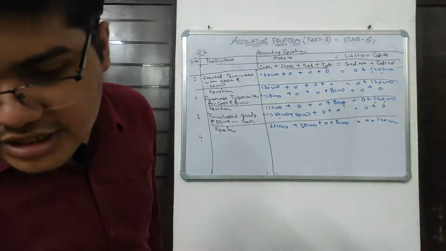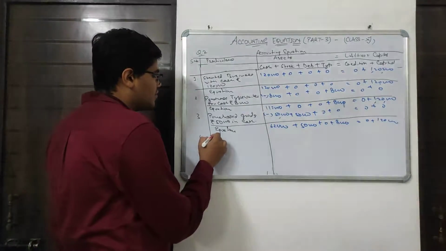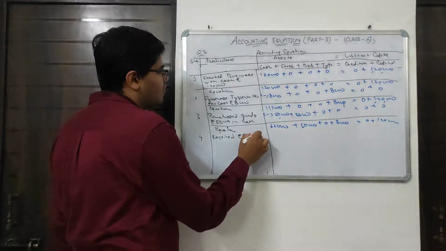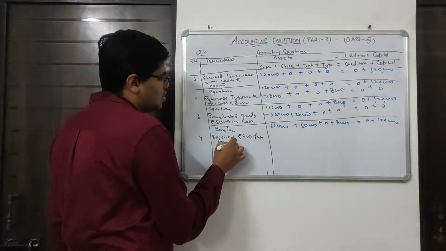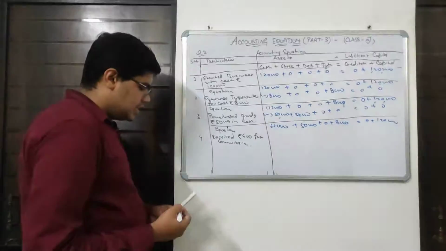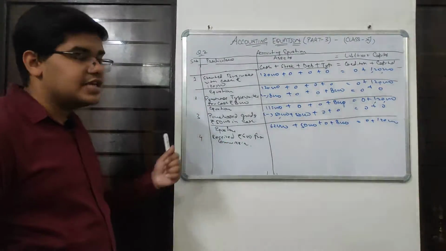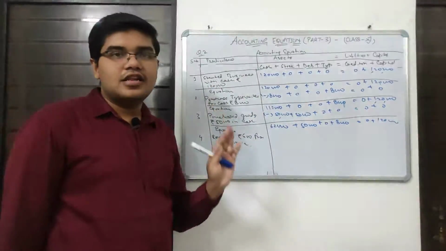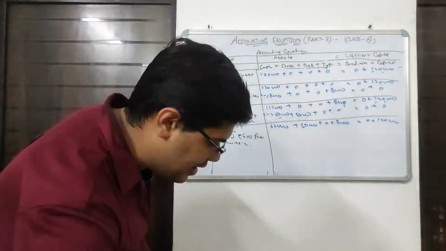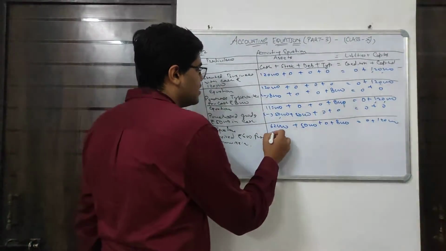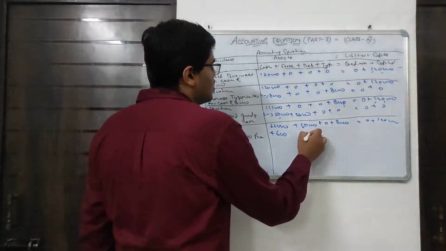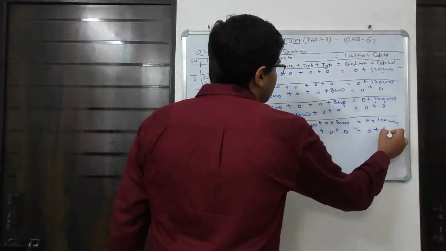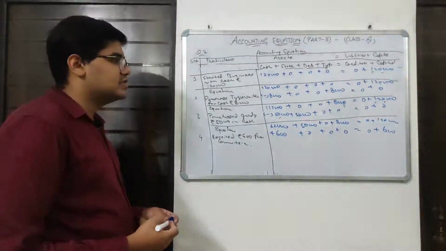Our next transaction is receive 600 for commission. Receive rupees 600 for commission. One thing more you have to remember, children: we are receiving the commission, so we are getting income. Whenever we receive income, both cash and capital get affected. So cash will be added by 600, no change in stock, no change in debtor, no change in typewriter, no change in creditor, and the capital gets increased by 600 since it is an income.